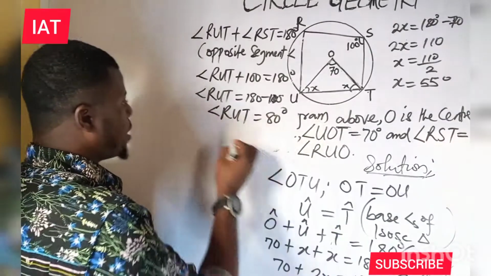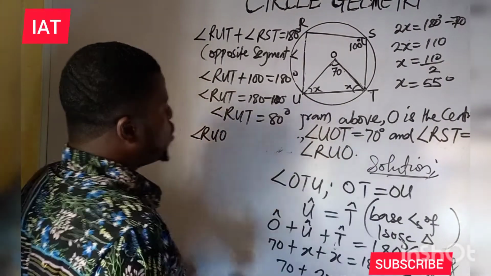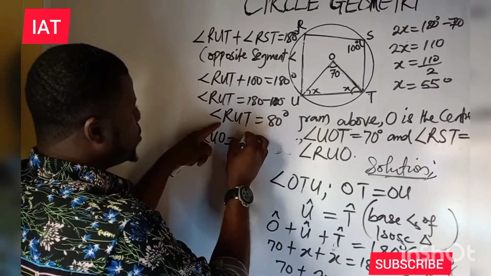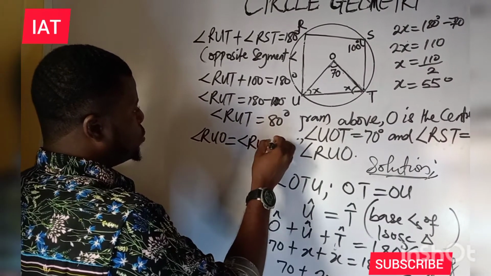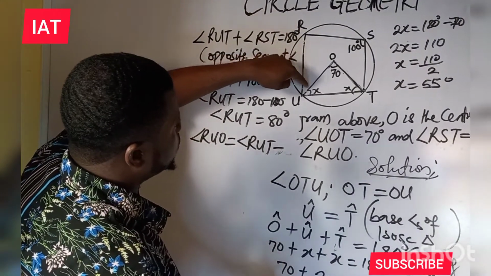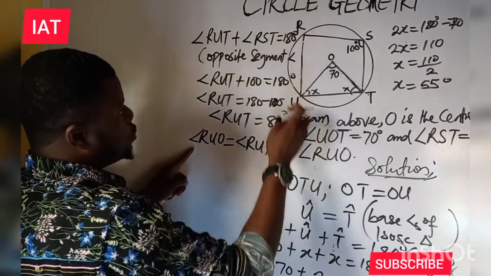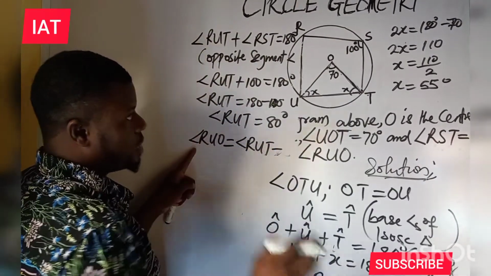To get this angle ROU, this angle ROU will be equal to angle ROUT minus this particular angle, which is what we are looking for.